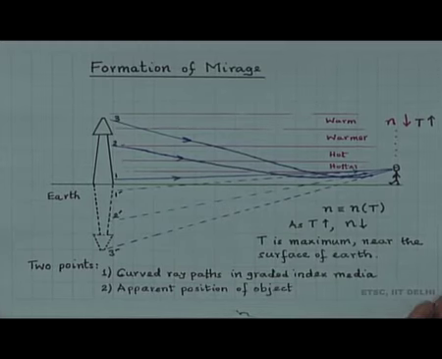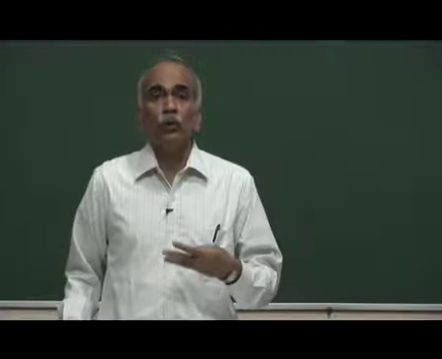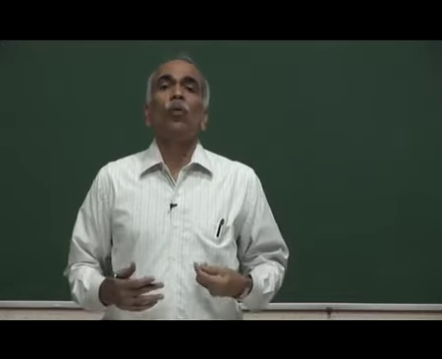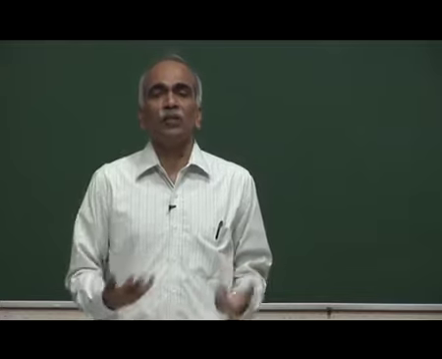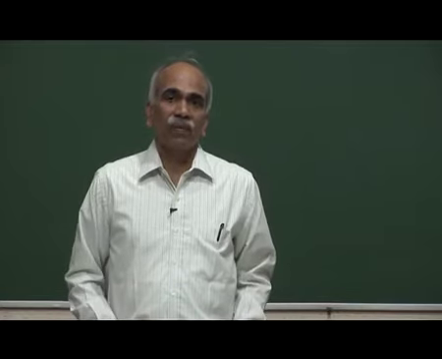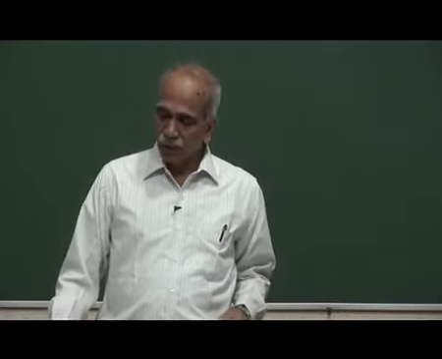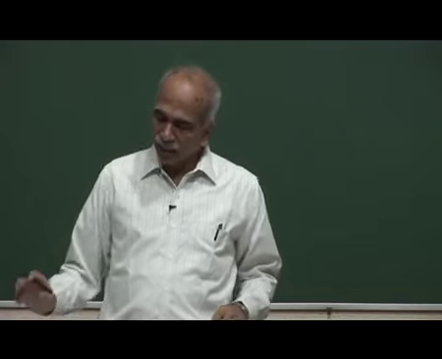Mirage, because there is no water, but it gives a feeling to the observer as if there is water, and as he goes closer and closer, the apparent water body moves away from him, because actually there is no water. So, this is the formation of the image, the mirage.